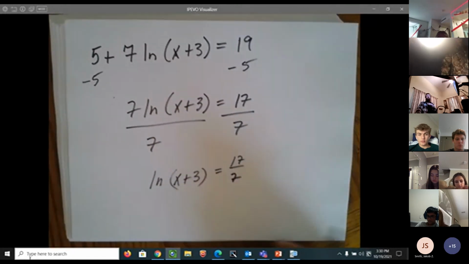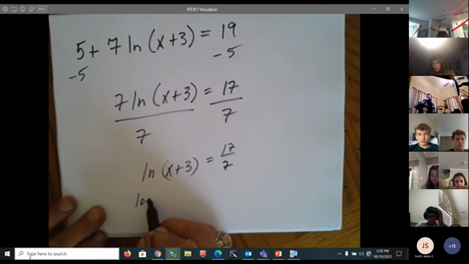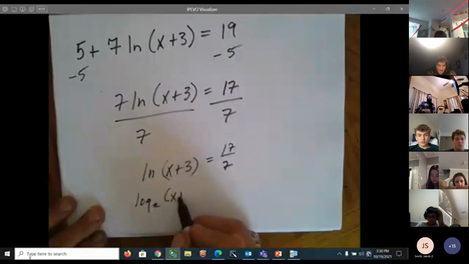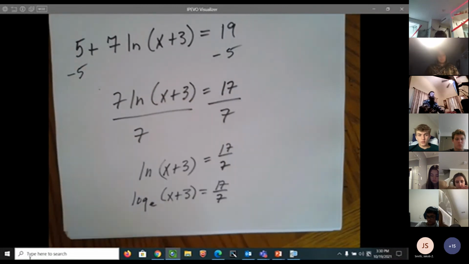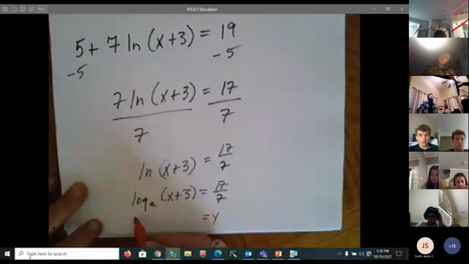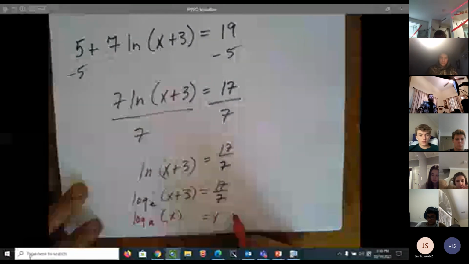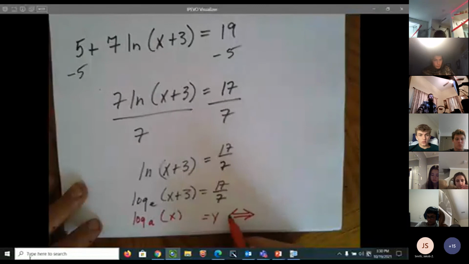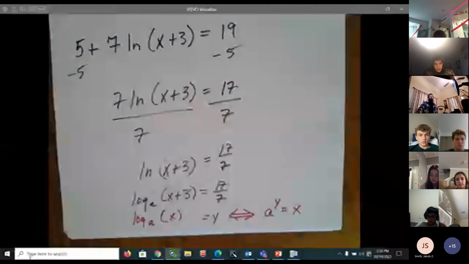Now you can do the definition of a logarithm, because you've got log base e of x plus 3 is equal to 17 over 7. And the definition of a logarithm says y equals log base a of x yields a to the y is equal to x.